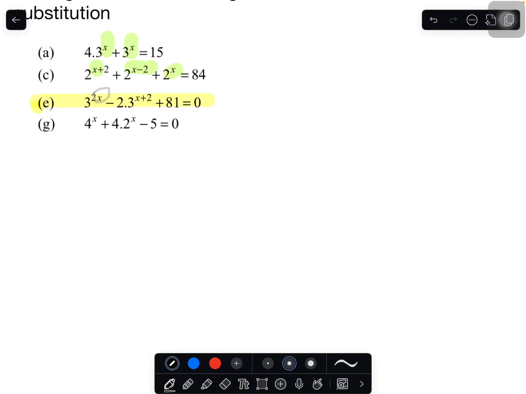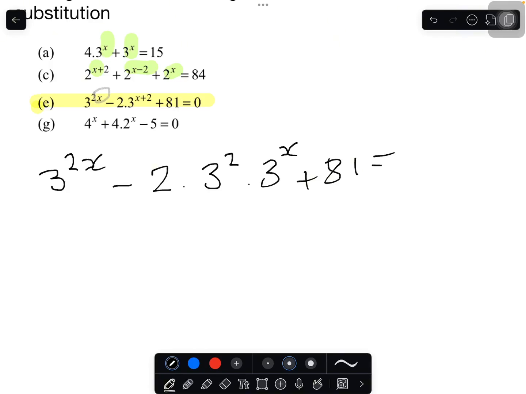We're going to do the same process as the last one, where we separate the terms first. So we have 3 to the 2x minus 2 times 3 to the 2 times 3 to the x plus 81 equals 0.